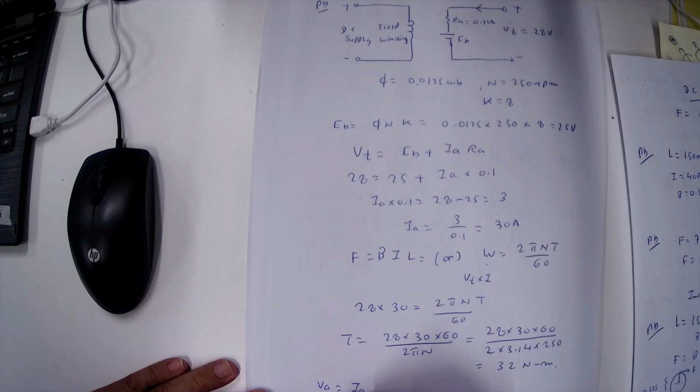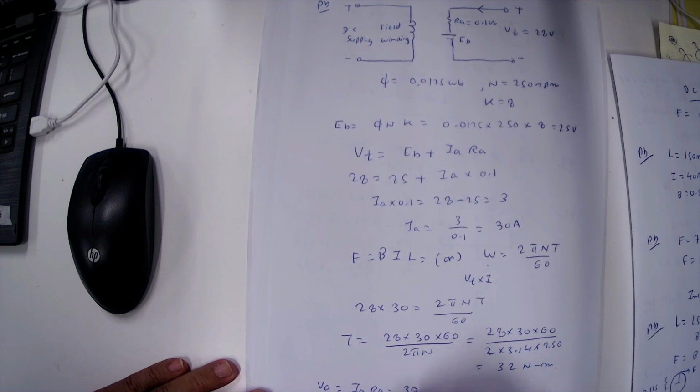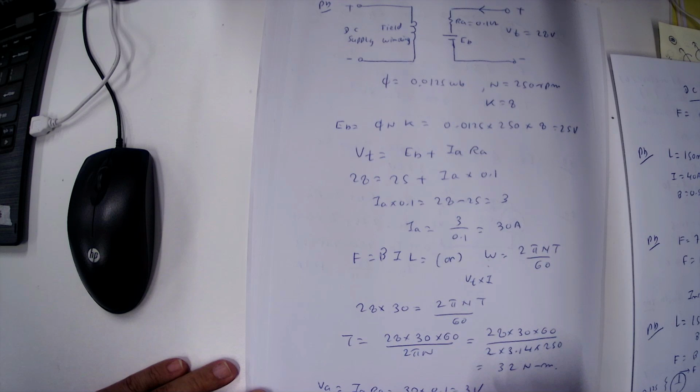That will be IA into RA. So IA is 30, RA is 0.1, so you got 3 volt. So those are the answers.